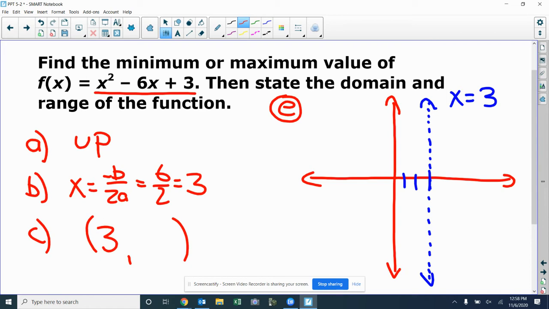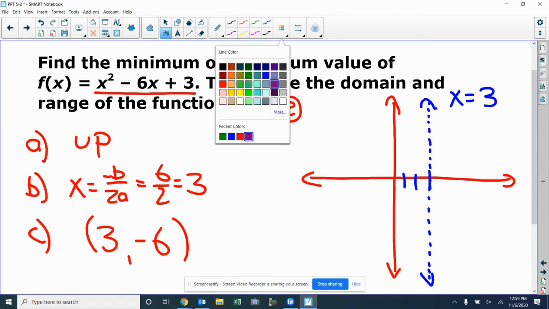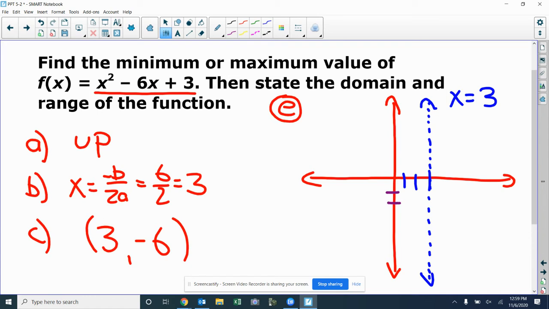Minus 18 will give me negative 9 plus 3 gives me negative 6. Does everybody see where I'm getting at? Negative 6. Let's go ahead and plot that guy. 1, 2, 3, 4, 5, 6. There is my vertex. Make sure we label positive 3, negative 6.